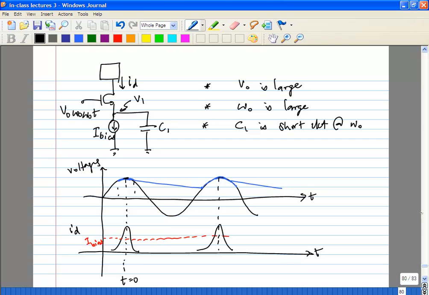Okay, so this is not exactly the Colpitts. Here we are just trying to find out the large signal transconductance of the transistor when you have a large capacitance at the source. In reality this is not the Colpitts. When you go to the Colpitts, you are going to use this large signal transconductance that you have derived here, and then use it to design the Colpitts. So this is just any such circuit.